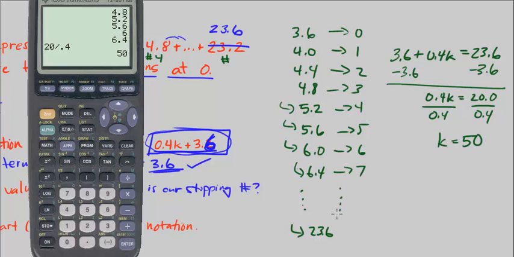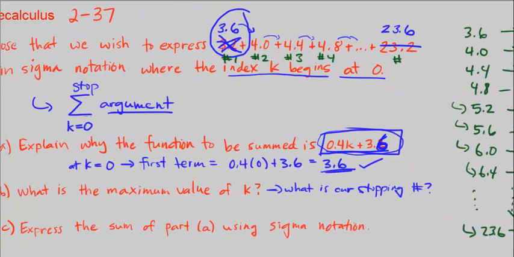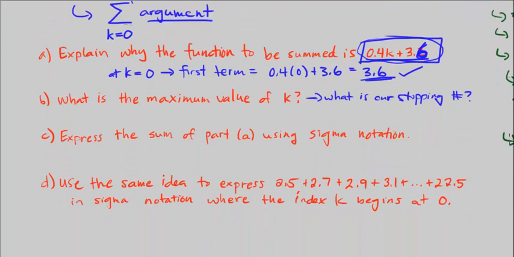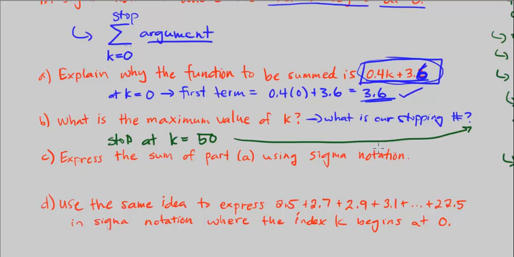That means when we get to our last number, k is equal to 50 here. So that's how you can do it mathematically, algebraically, and solve. So what is the maximum value of k? Well, we stop at k equal to 50, and we just showed our work over there.